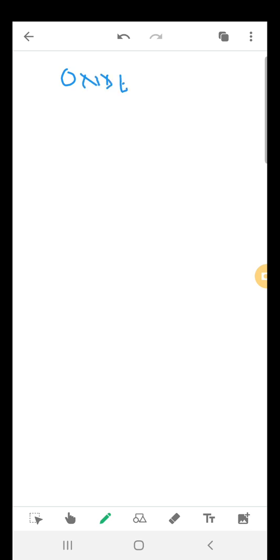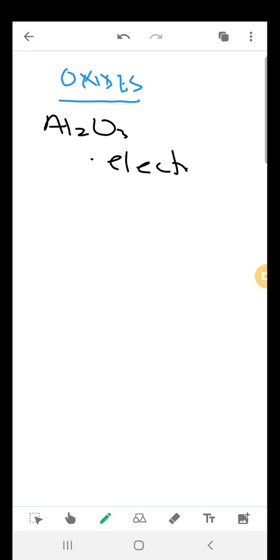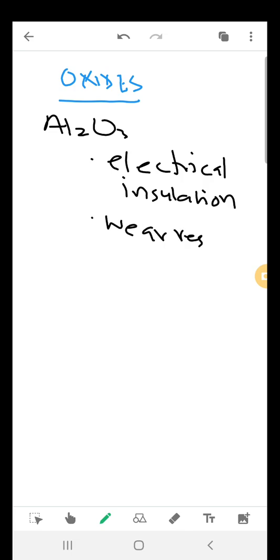With the help of thermal spray, I can have Al2O3, alumina, which is used in electrical insulation and wear resistant seals. And you can have a composite of Al2O3 and TiO2.